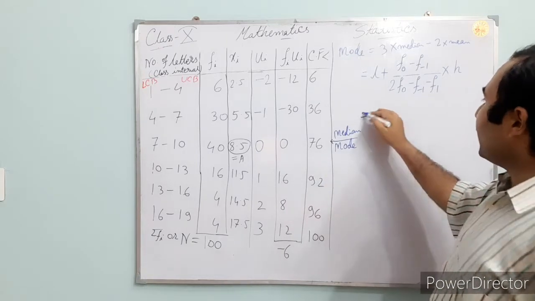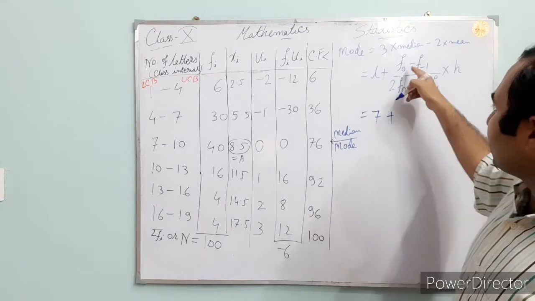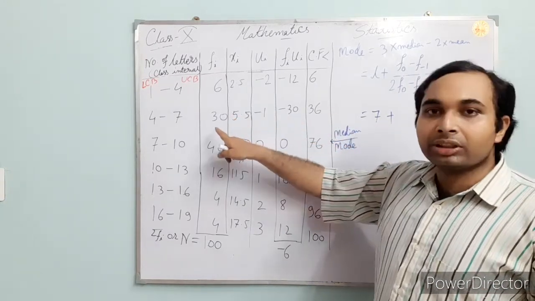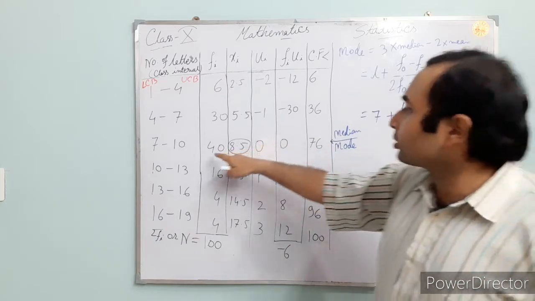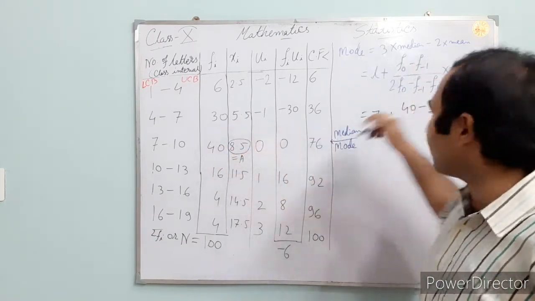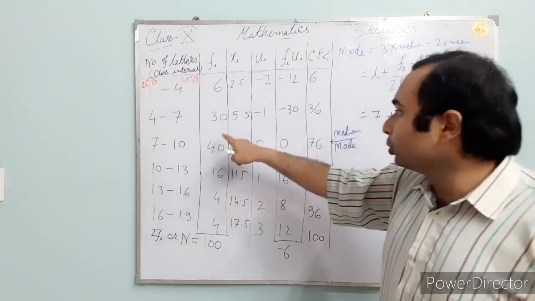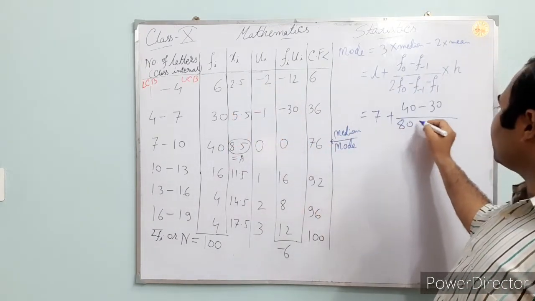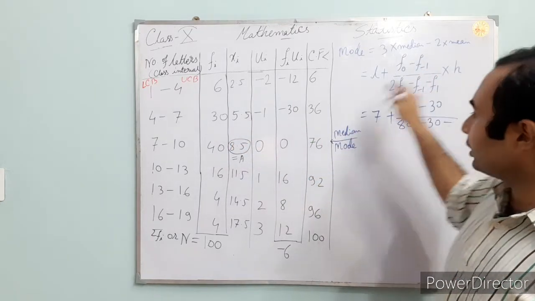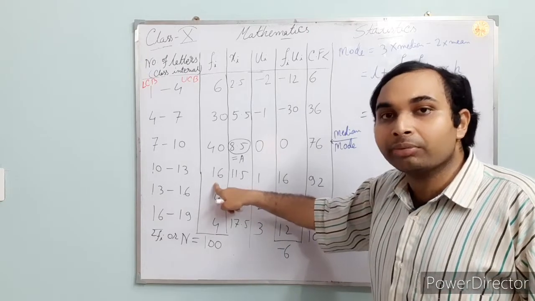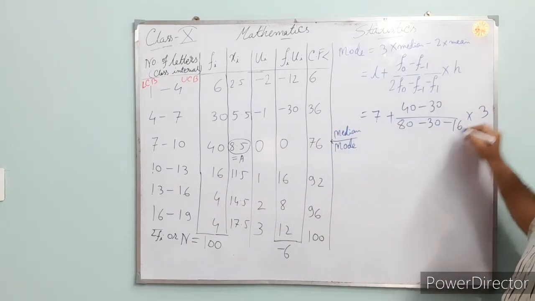So now L is the lower class boundary of the modal class, so 7 plus F0 is the frequency of the modal class, so it is 40 minus F minus 1, the frequency of the upper class, so it is coming 30, by 2 F0 means 2 into 40, so it is coming 80, minus F minus 1 this one, so 30, minus F1 means the frequency of the lower class, so it is coming 16, into H means it is coming 3.